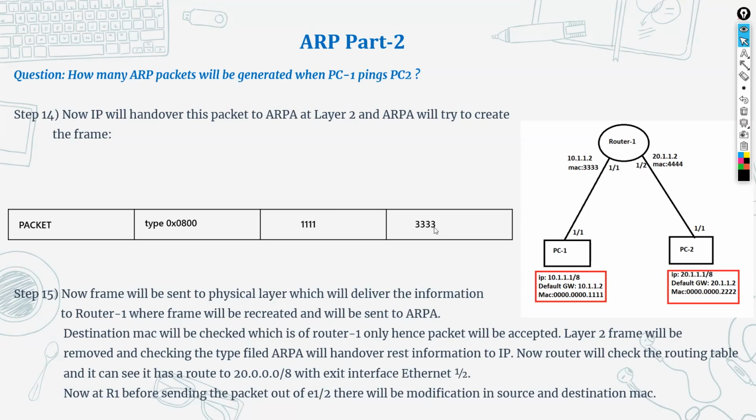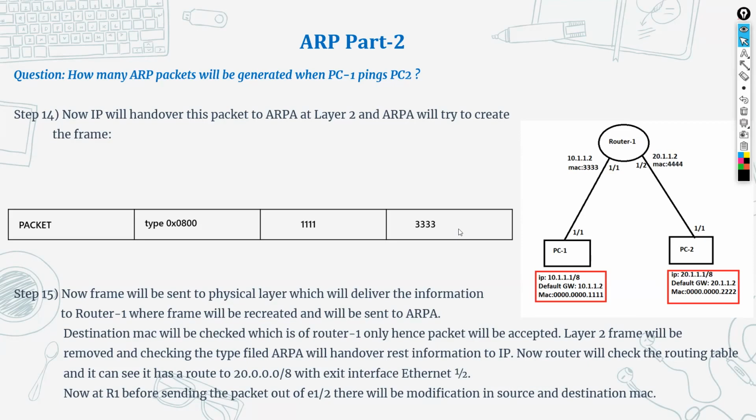So again, the same AND operation is going to be run by router 1 to find out if the destination IP is in my same subnet or in a different subnet, so that it can populate this destination MAC field. So the same operation is going to be run, and now because 20.1.1.2 and 20.1.1.1 are in the same subnet, router 1 is going to check its ARP table if it has the information about 20.1.1.1.